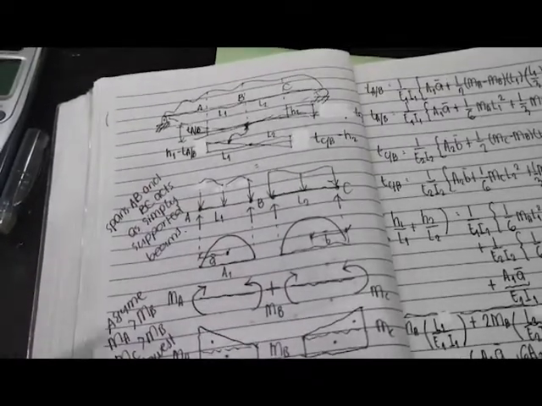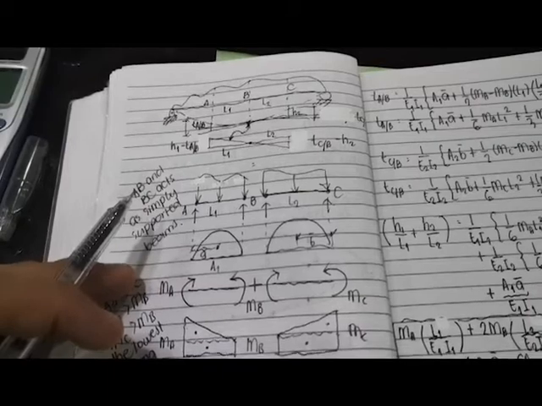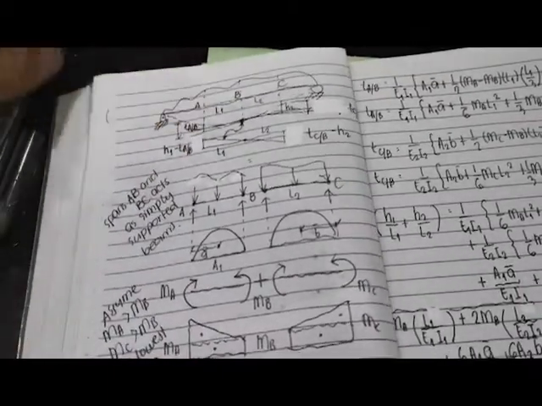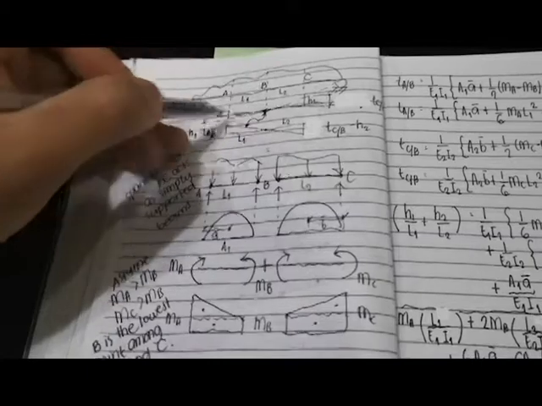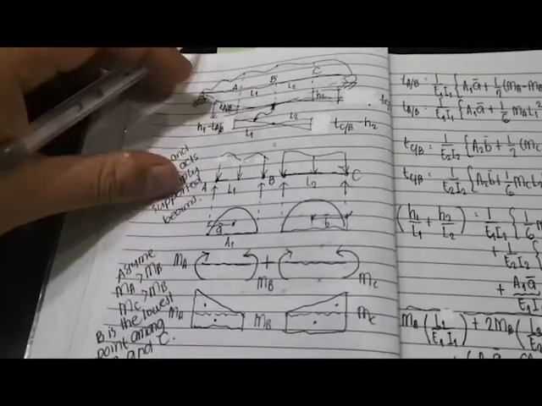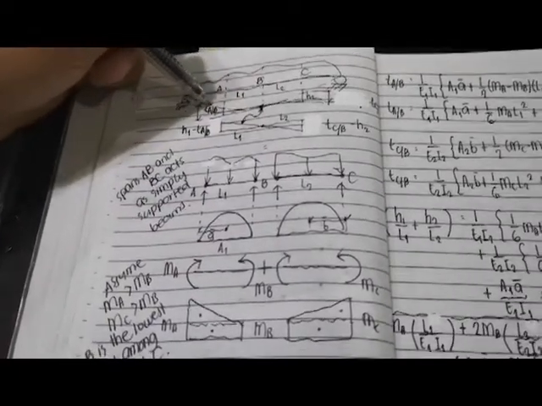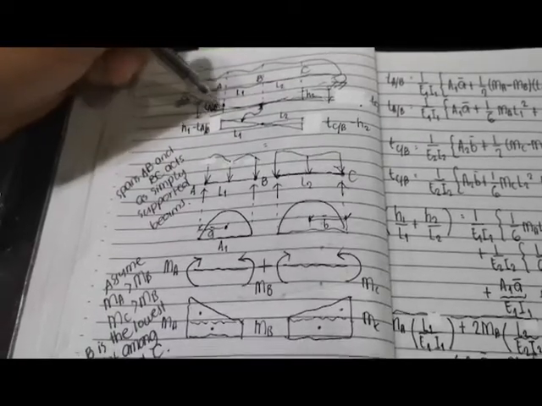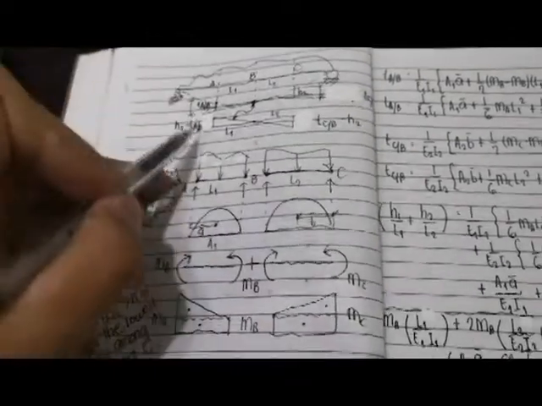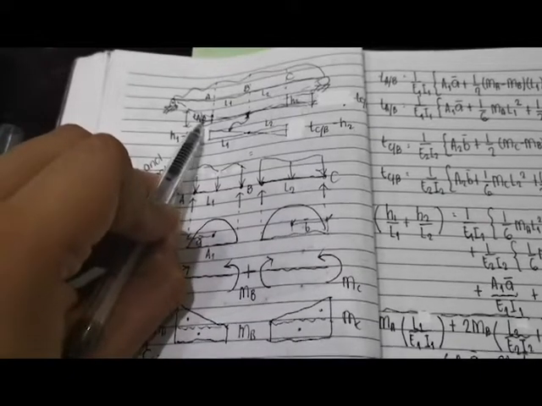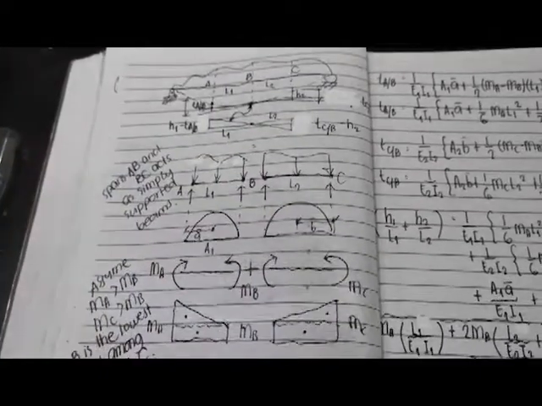From the principles we learned in the area moment method, the tangential deviation of point A with respect to the tangent at B is the distance between the elastic curve at point A and the tangent from point B. Therefore, the tangential deviation is located above the tangent line.